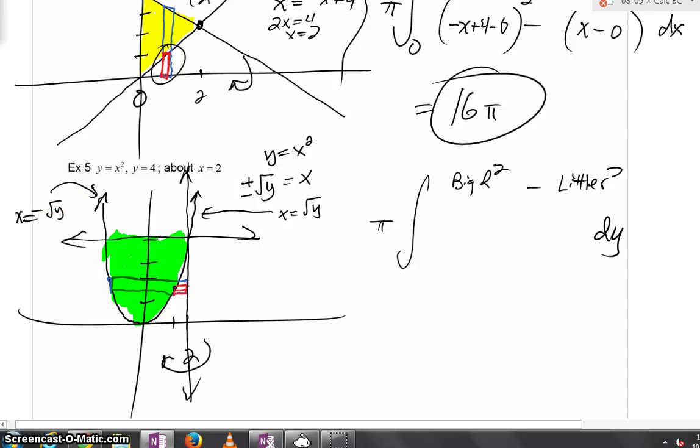Wow. So let's go ahead and see if we can find the big radius squared. That's in blue. You can see the blue rectangle is much bigger than the red rectangle. What's the right boundary of the blue rectangle? Well, look at this right here. I'm touching it. The right boundary would be 2. You see that?